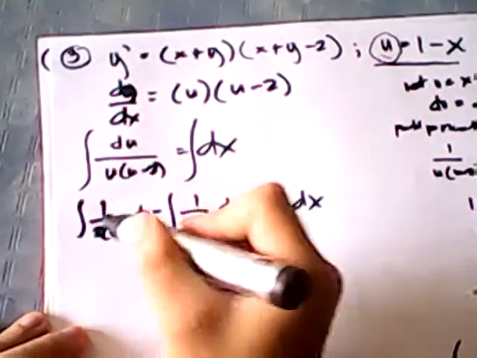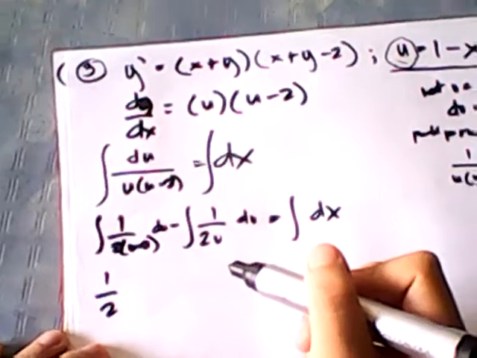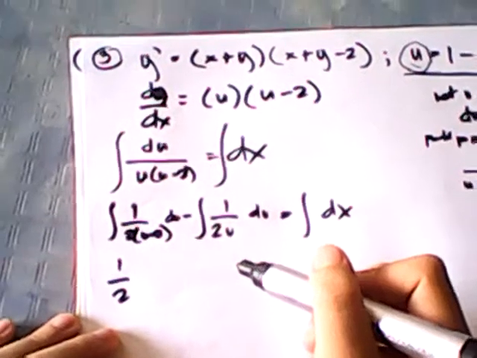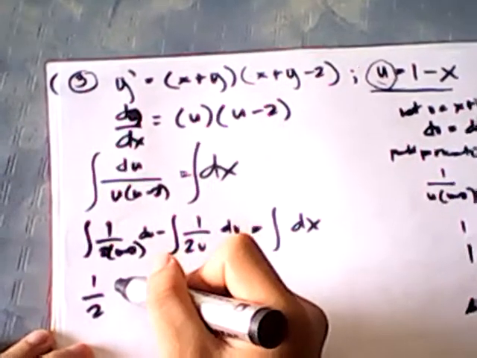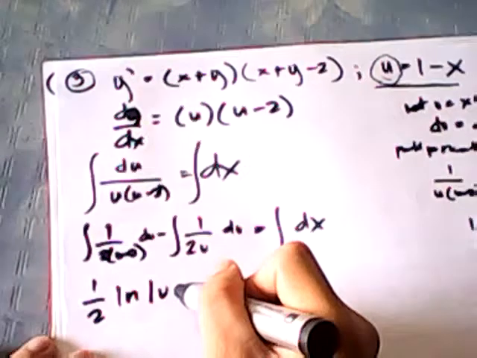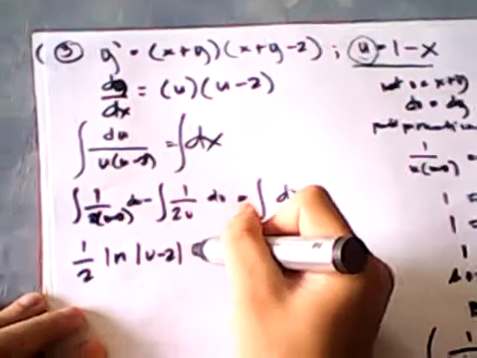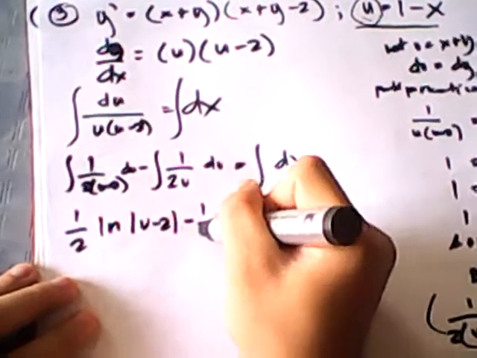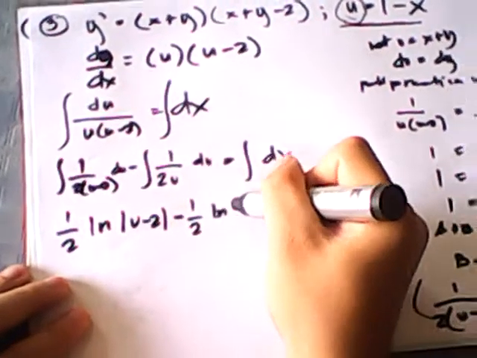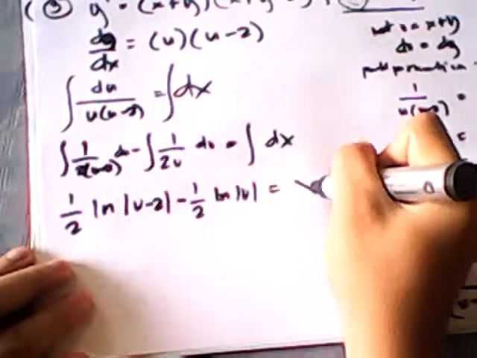By integrating it, you can get 1/2 of ln of u minus 2 minus 1/2 ln of u is equal to x.